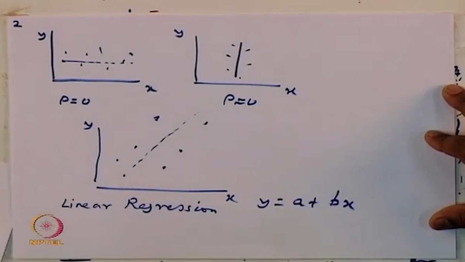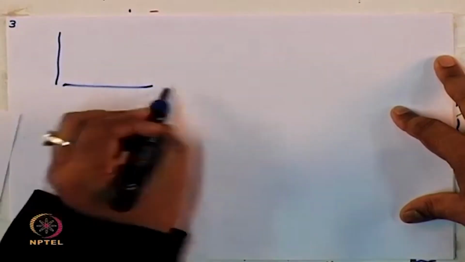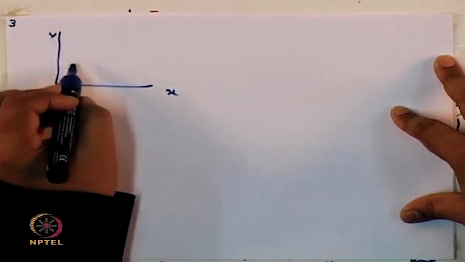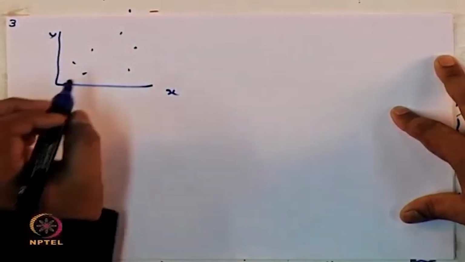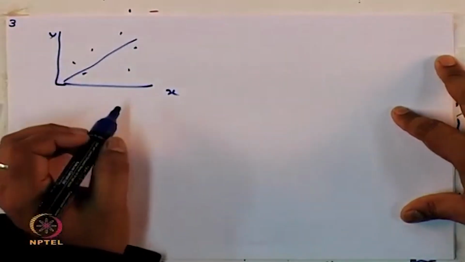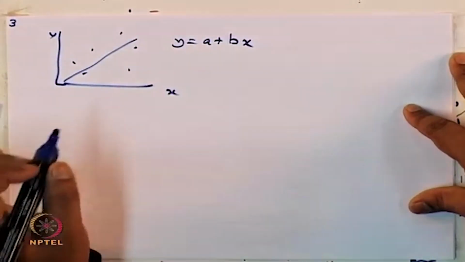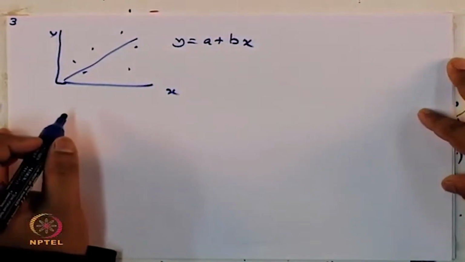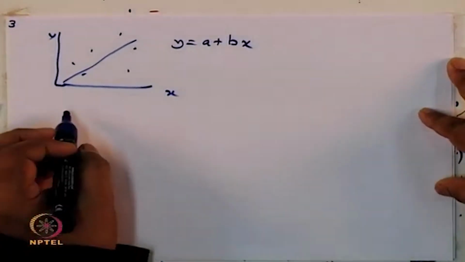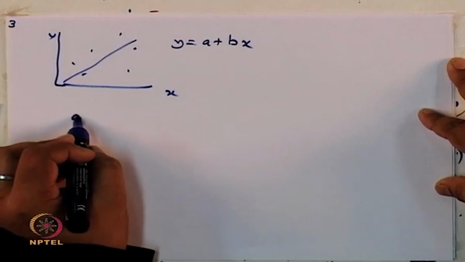For doing linear regression, once again you have x and y plotted like this, and I want to approximate by this particular curve, which is y is equal to a plus bx. I had derived in two or three lectures back that you can find the values of a and b.